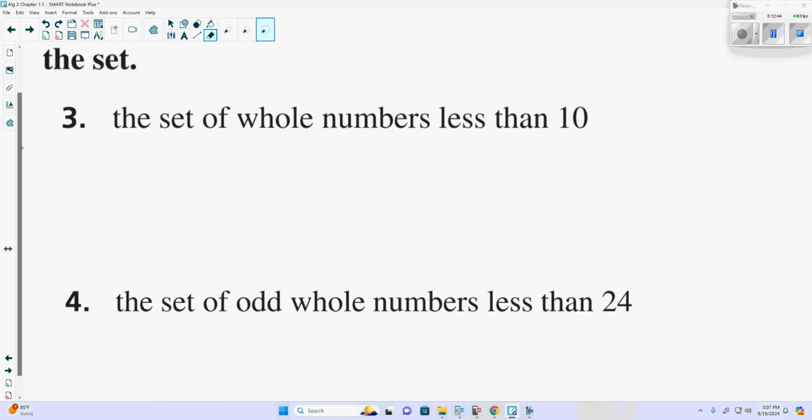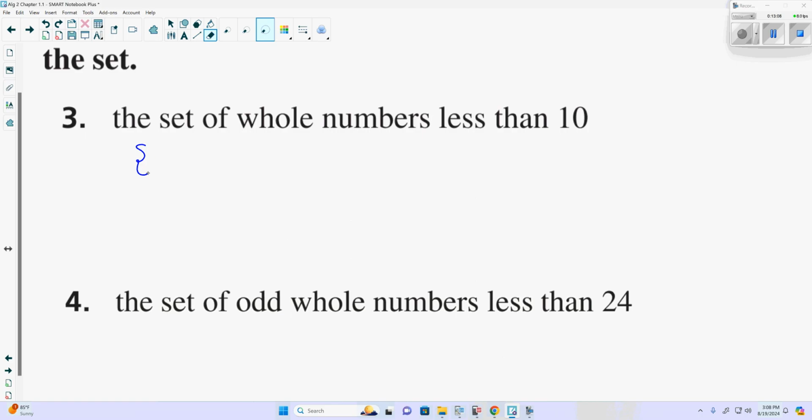All right, let's look at this first example. The set of whole numbers less than 10. So we're at the top of the back of the first page. Let's write this set. So we use a brace. What's our first or smallest whole number less than 10?